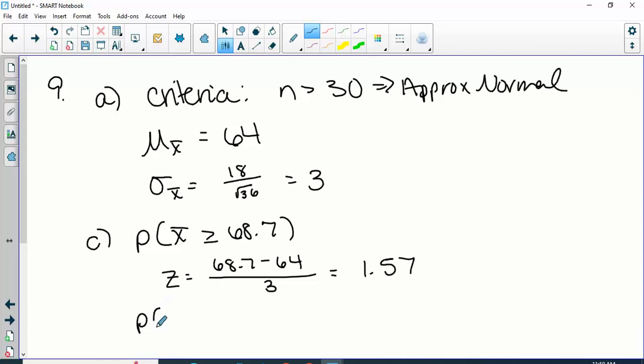So we are finding the probability that Z is greater than or equal to 1.57. Our table gives us less than. So to find greater than, what do we do? So 1.57 is 0.9418. We get 0.0582.